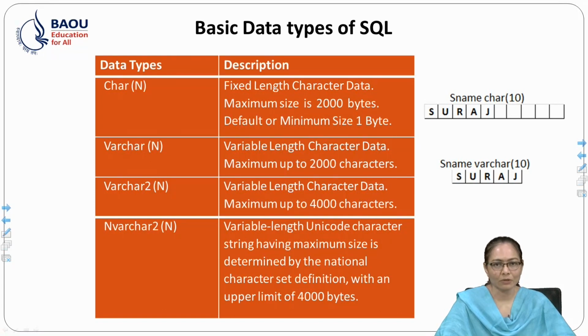Now VARCHAR2(n): VARCHAR2 is a variable length character data, maximum up to 4000 characters. NVARCHAR2(n) is a variable length Unicode character string having the maximum size determined by the national character set definition, with the upper limit of 4000 bytes.